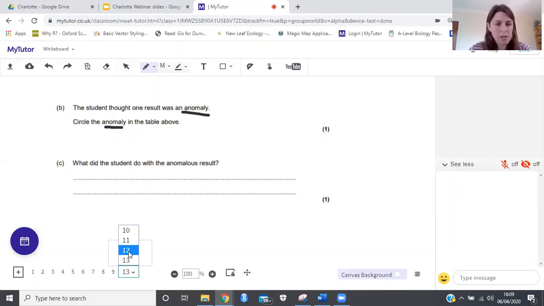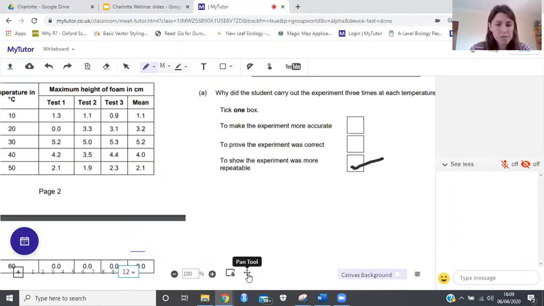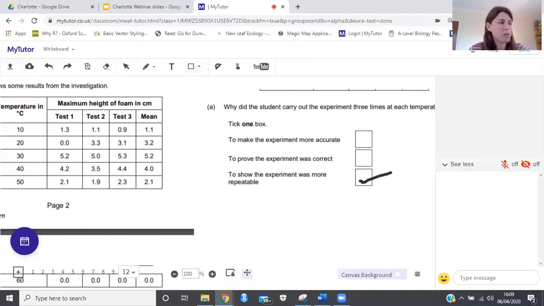So if we go back to our table, we want to circle the one that we think is an anomaly. Okay, so have a look at that table. Got lots of different results in here.